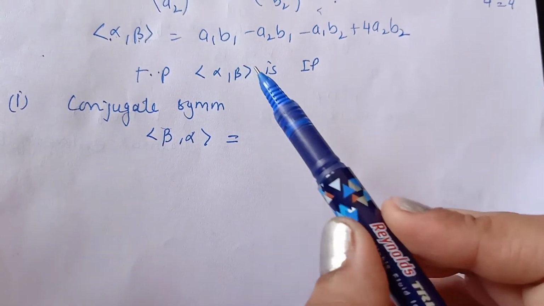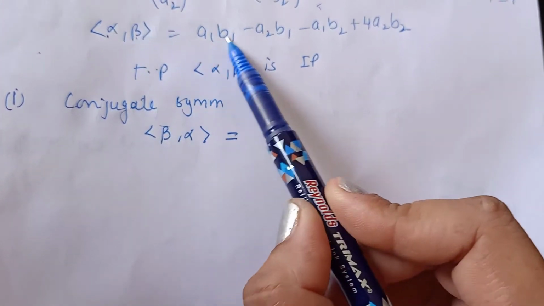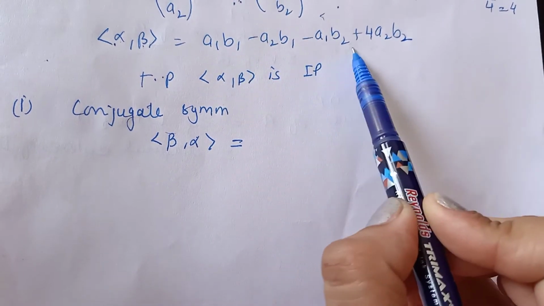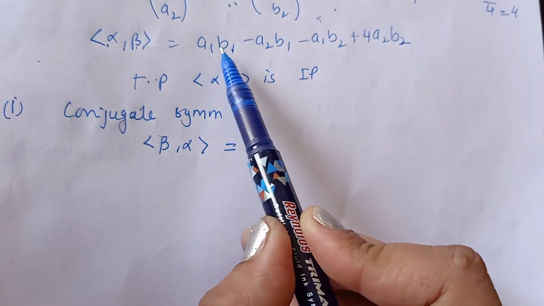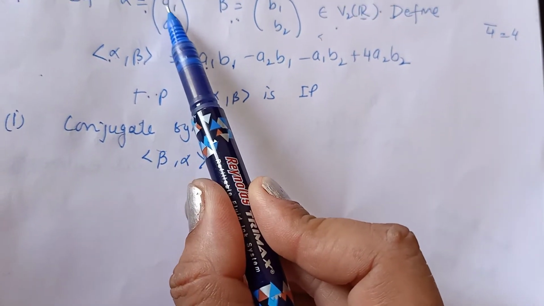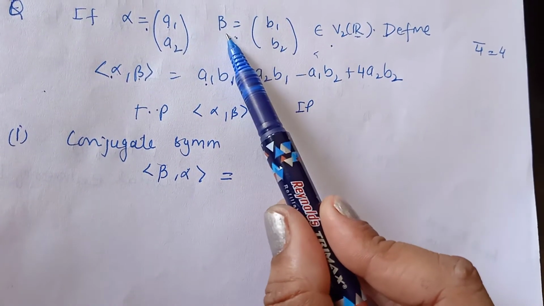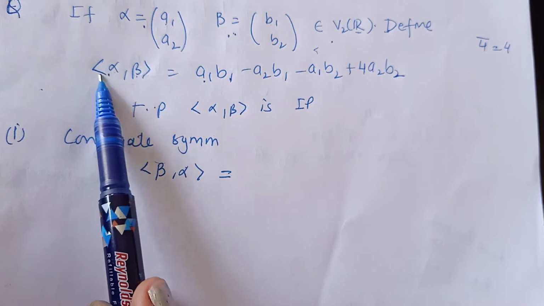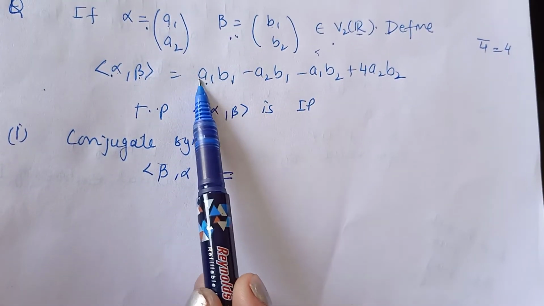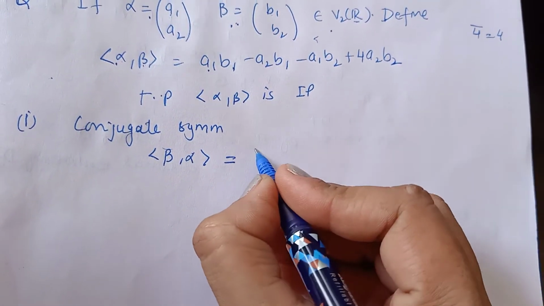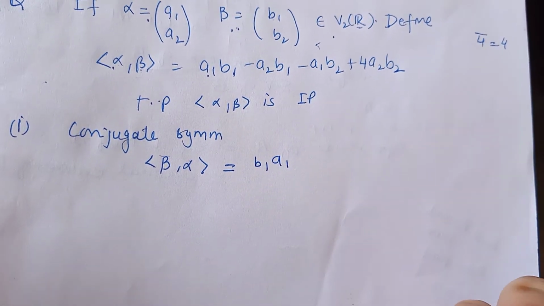So what does the definition of the given inner product say? a1 into b1. What was a1? a1 was the first coordinate of alpha, and b1 was the first coordinate of beta. Now when you interchange them, these two will also be interchanged. This will be b1 a1.